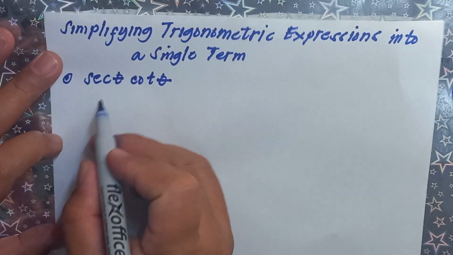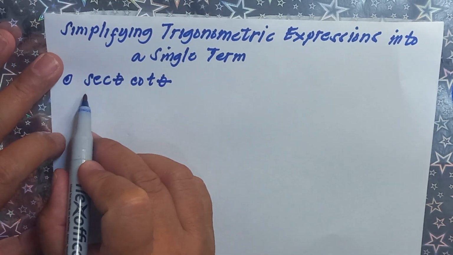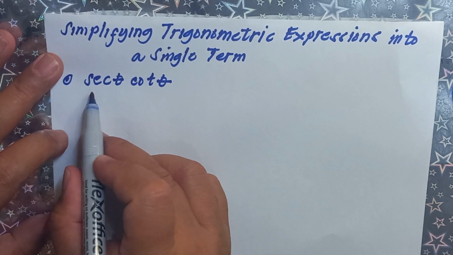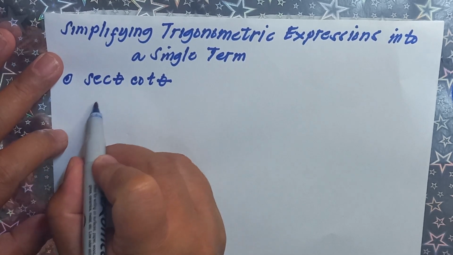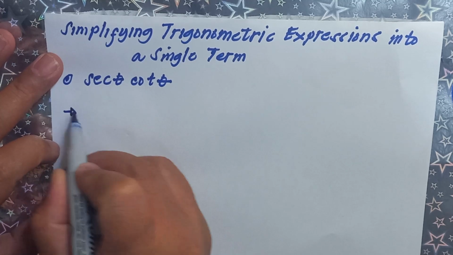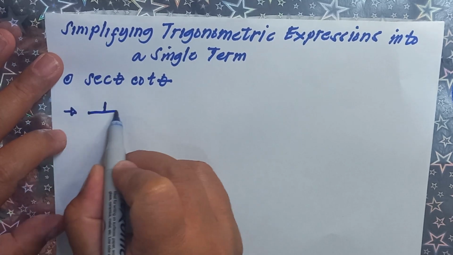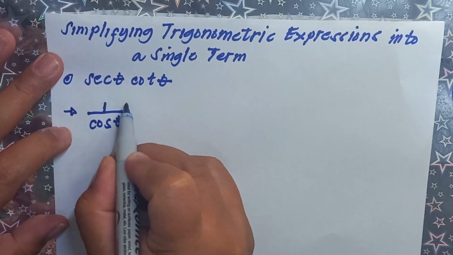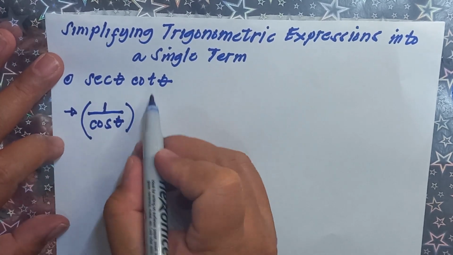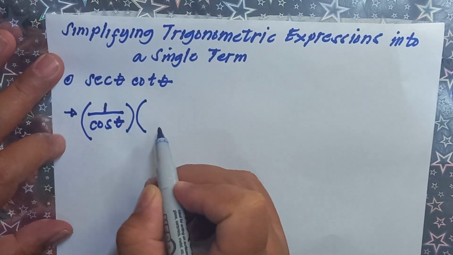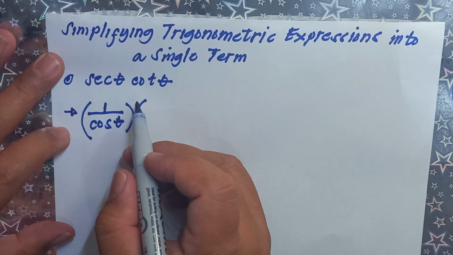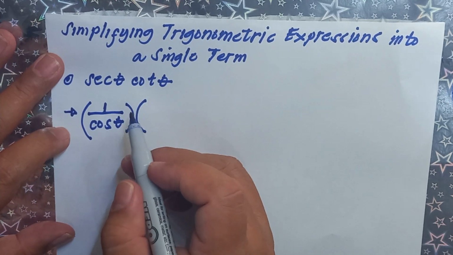So again, what is the definition of secant theta? Secant theta is the same as 1 over cosine theta, multiplied by cotangent theta. What is the definition of this one? That is under the quotient identities.